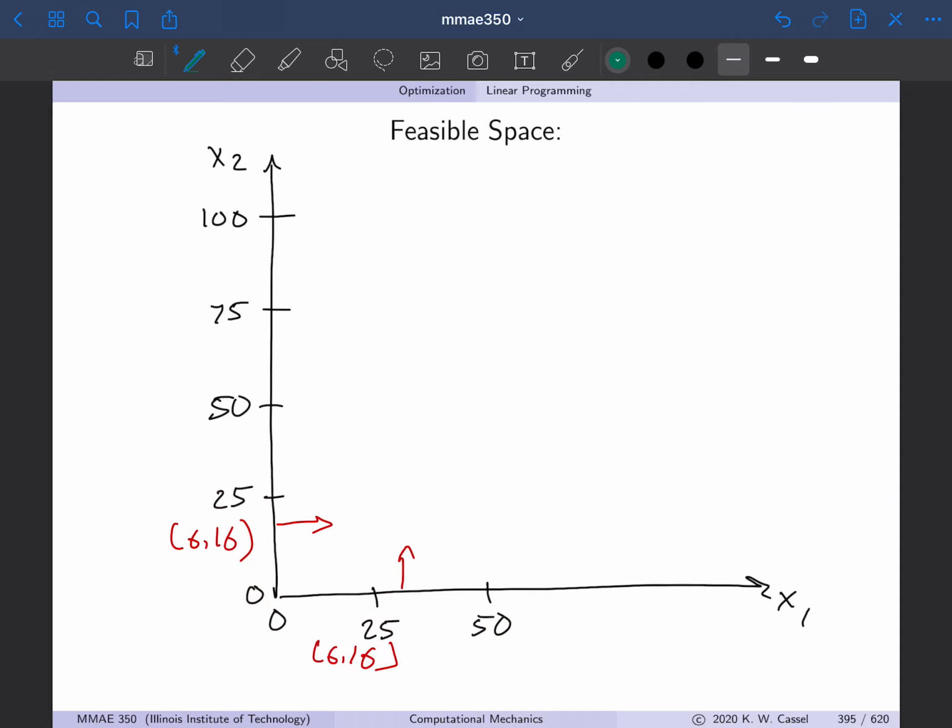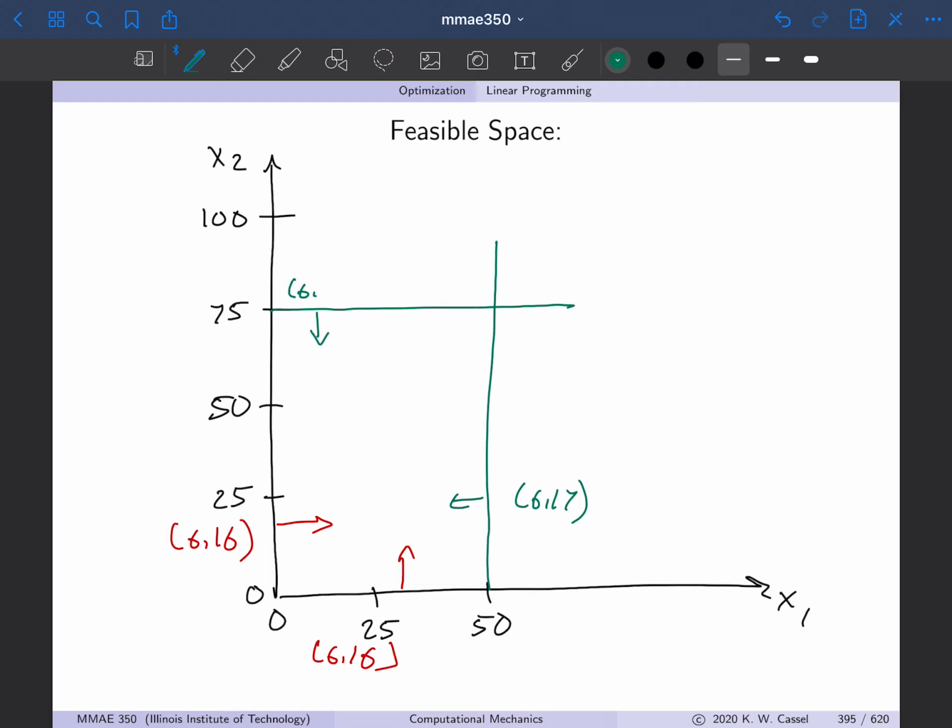All right, so our x1 has to be less than 50. So that means to the left of this green line. So that comes from, again, 617. Similarly, x2 has to be less than 75.